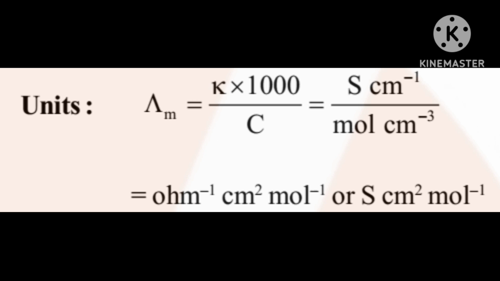But the maximum conductivity is at zero concentration, meaning the maximum water you have added. That is called infinite dilution. In the case of a strong electrolyte, the maximum conductivity at infinite dilution is lambda m with a 0 written upside.